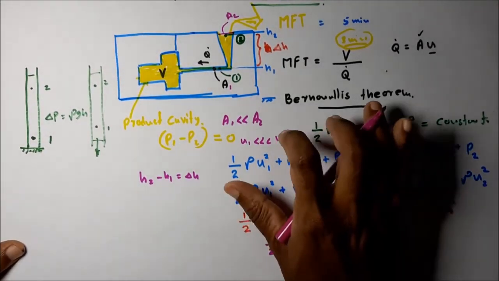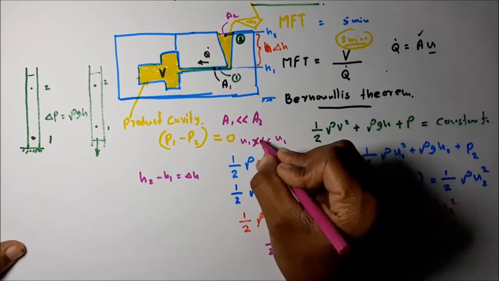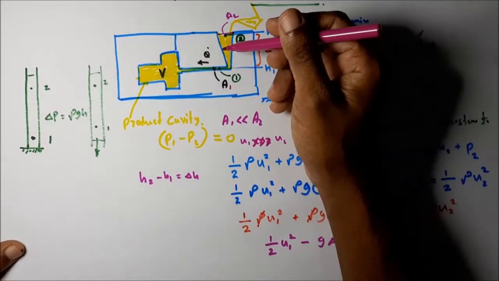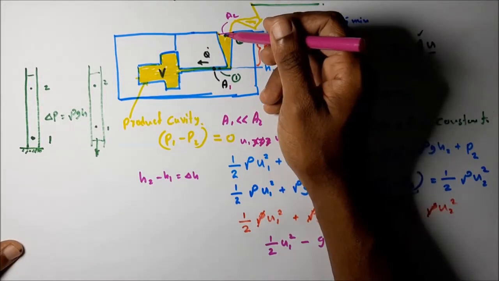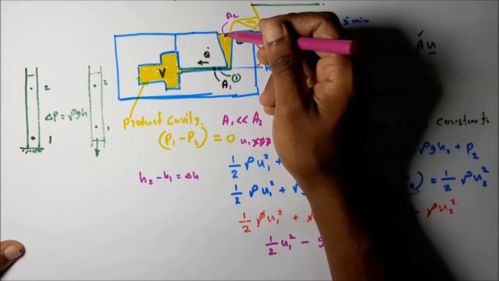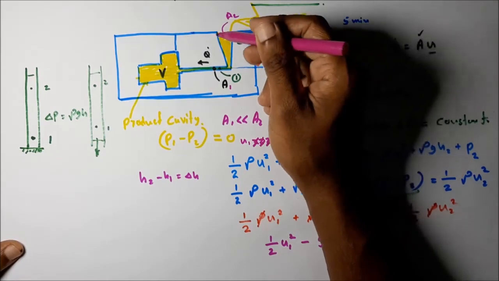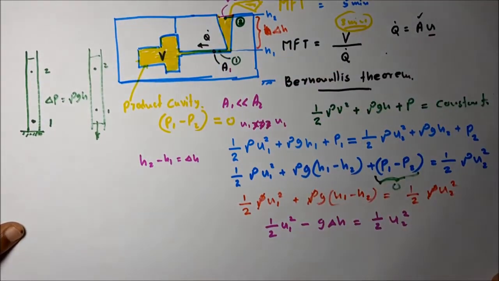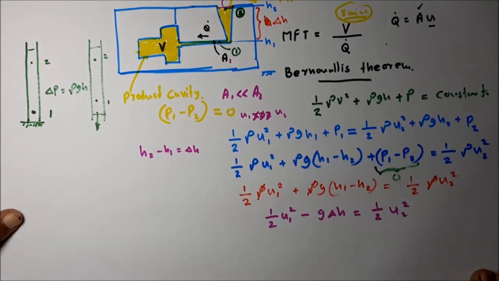We can consider u2 as 0. That means when applying Bernoulli's theorem, that is called the reservoir velocity. Reservoir velocity we are equating to 0 because it has the larger surface area.